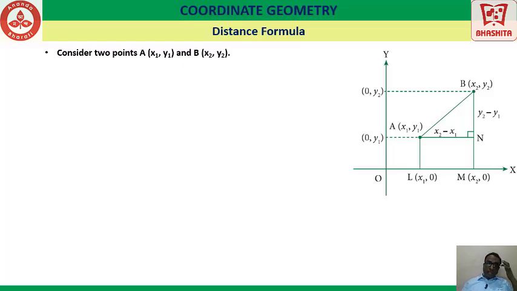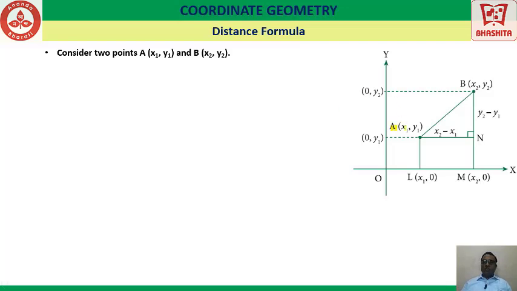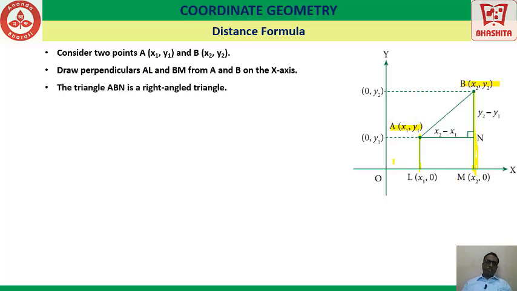Consider 2 points A and B, A (x1, y1) and B (x2, y2). I shall use the highlighter to do this. We have this point A (x1, y1) and B (x2, y2). Very clear. Next, you drop perpendiculars AL and BM like this, from A onto the x axis and from B onto the x axis.